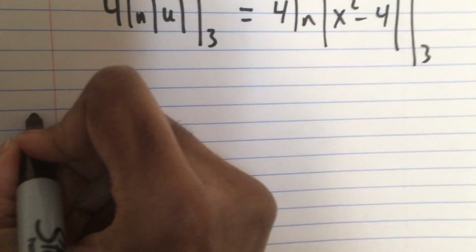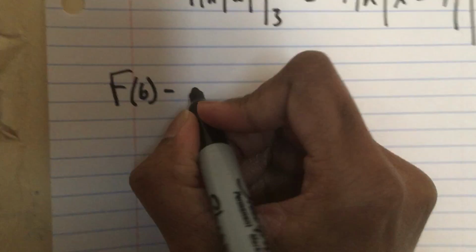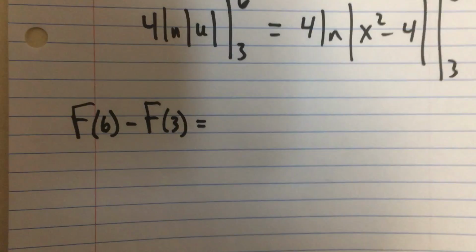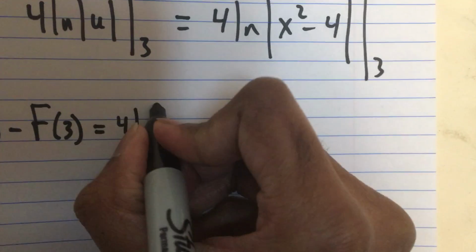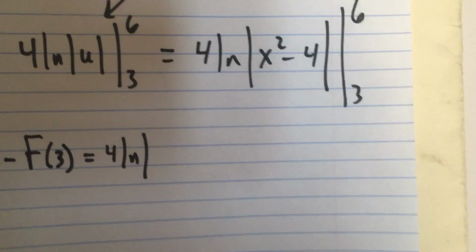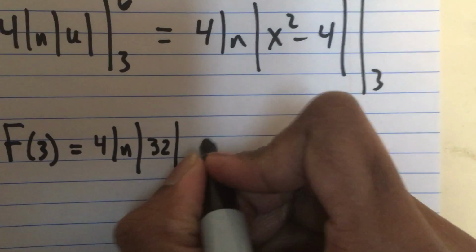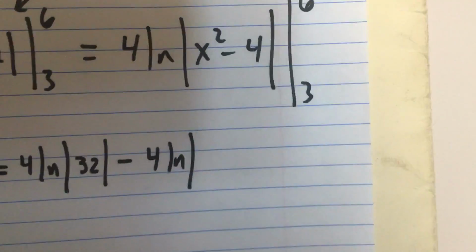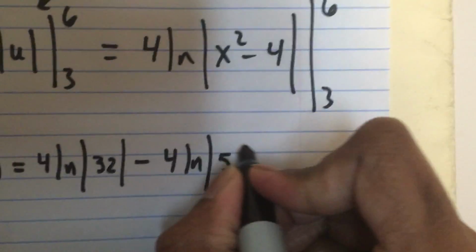So I'm evaluating the upper limit first, so f of 6, then subtract the f of the lower limit, so f of 3. We're going to get 4 times the natural log of the absolute value of 6 squared, which is 36, minus 4 is 32, minus 4 times the natural log, absolute value of 3 squared, which is 9, minus 4 is 5.